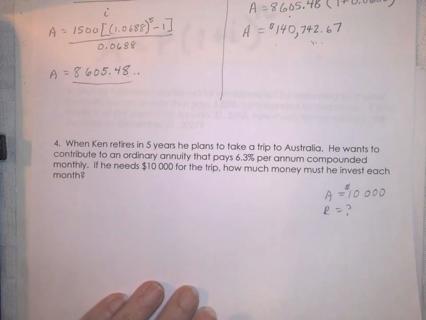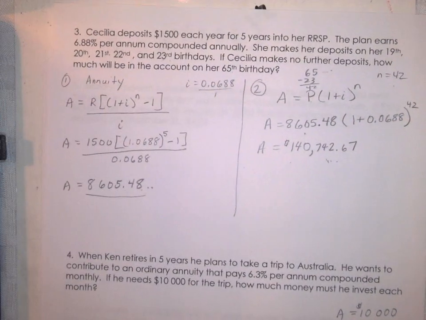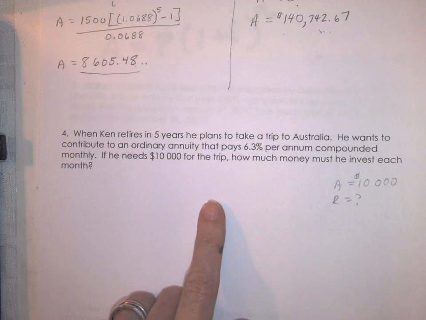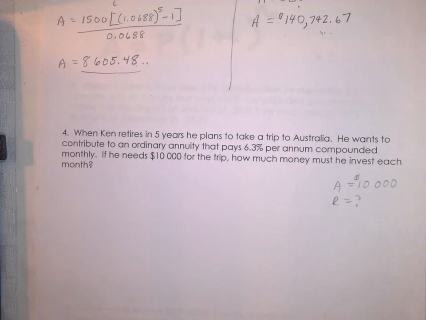So what I would like to do is rearrange this formula. We know we're talking about an annuity because he wants to put the money in monthly.